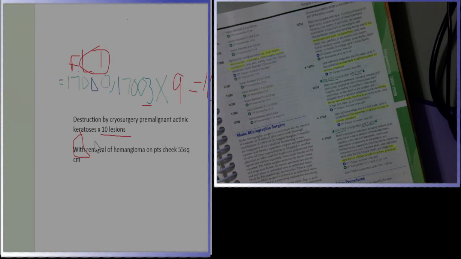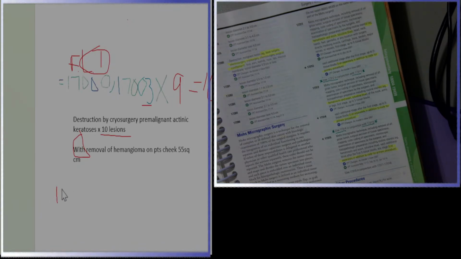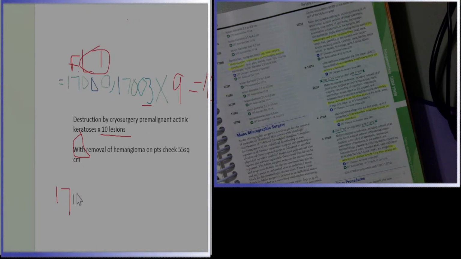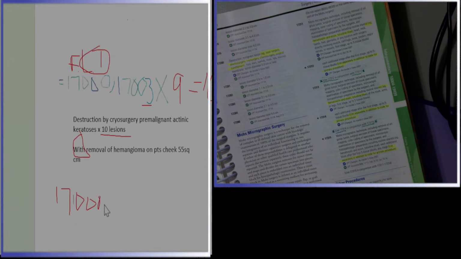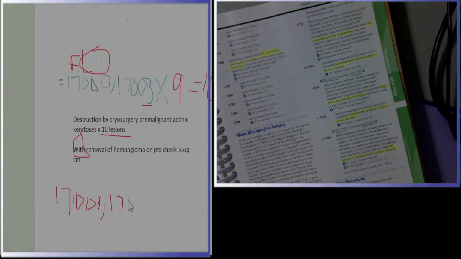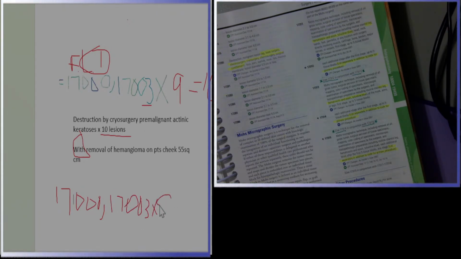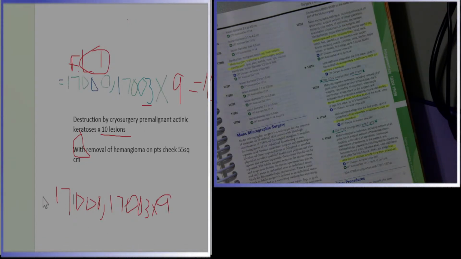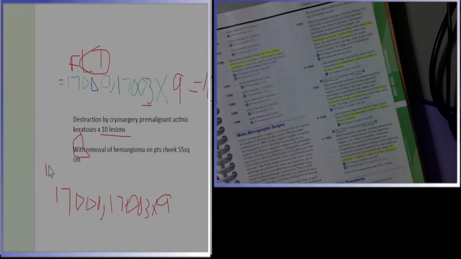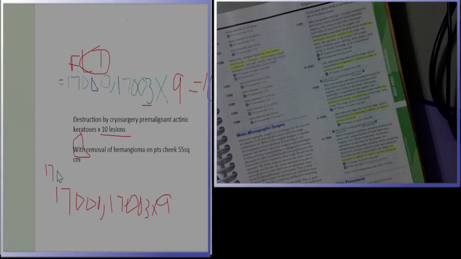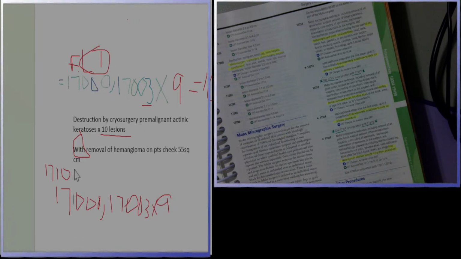Yes. So, if we were to answer this question for AAPC, theirs would be written 0, 0, 0, comma 17003 times 9. But I bet the first code would actually probably be that 17008, because 55 square centimeters is one heck of a lesion.